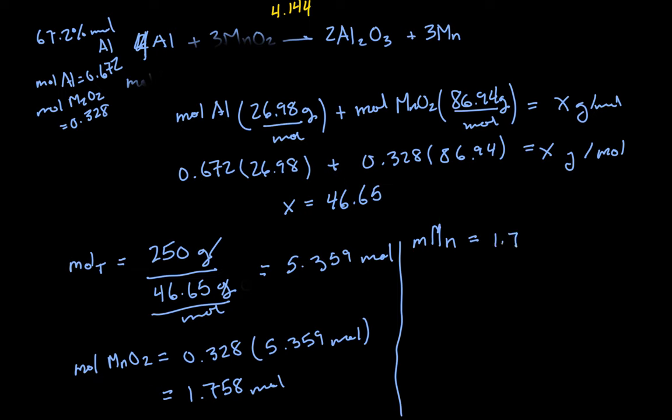So 1.758 moles, and that is multiplied by the formula weight, which is 54.94 grams per mole, which gives us a total of 96.6 grams of manganese metal present after that reaction.